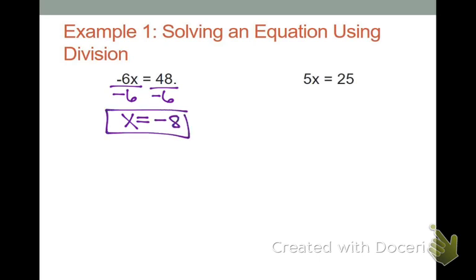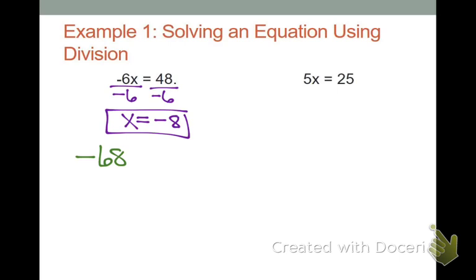All right, now your homework tonight is going to ask you to check. We check the same way that we did in the last lesson, and we do that by taking our value and plugging it back in to the original equation for the variable. But can I just write it like this? I mean, there's no sign in between here, so can I just copy that and just say negative 68?